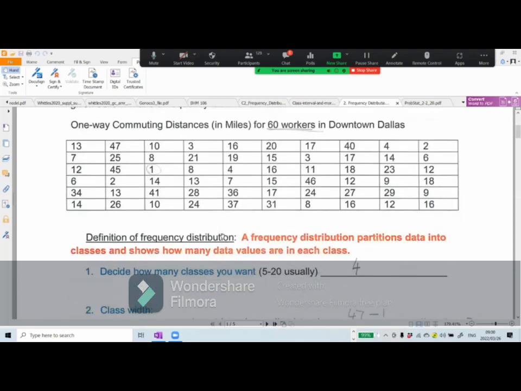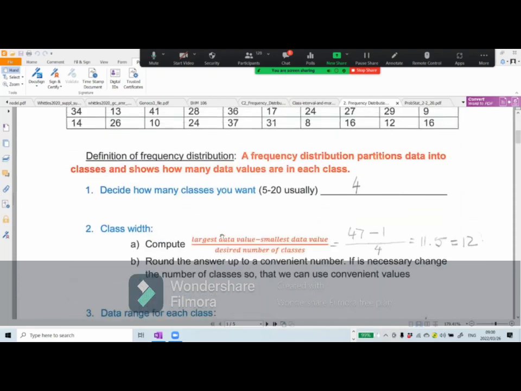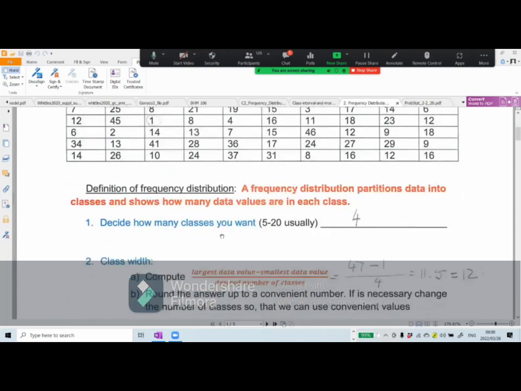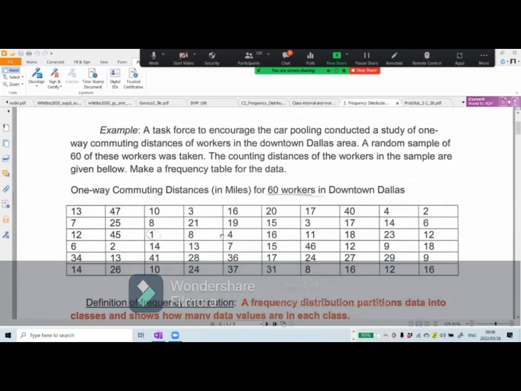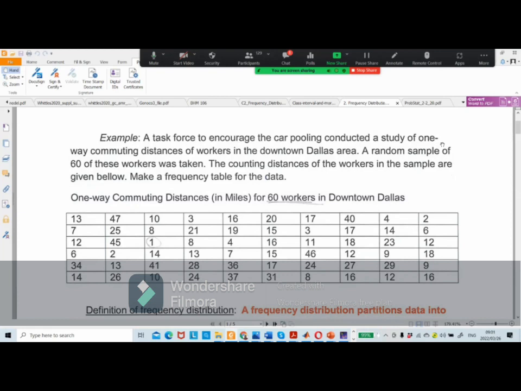Now, at this point, we need to check the class width. How do we get the class width? I will show us the formula to get the class width.